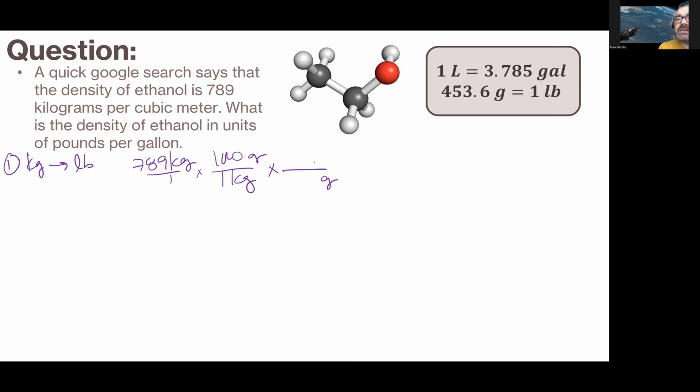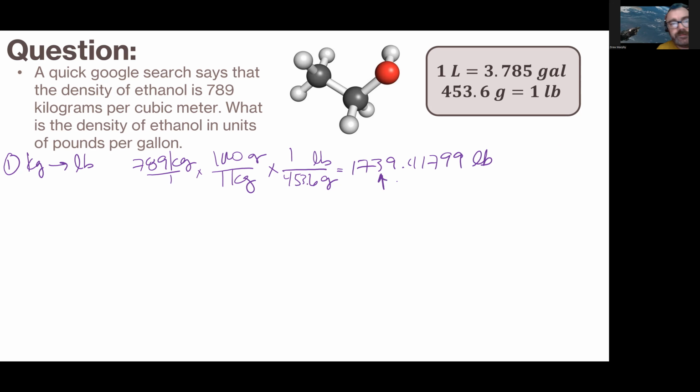And we want grams to cancel, and we want pounds for our answer. 1 pound is 453.6 grams. This is 789 times 1,000 divided by 453.6. So this is 1739.41799 pounds. This number has 3 significant figures. So I'm going to mark this because that means it has 3 significant figures.